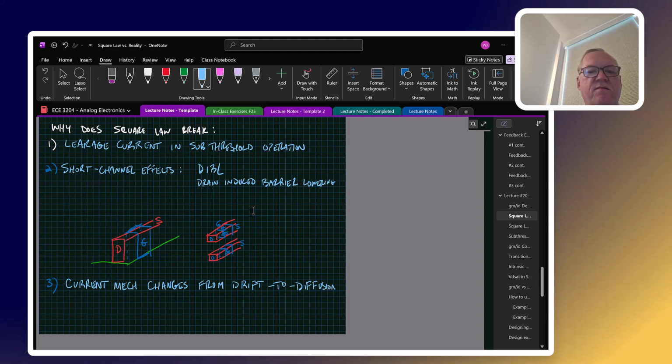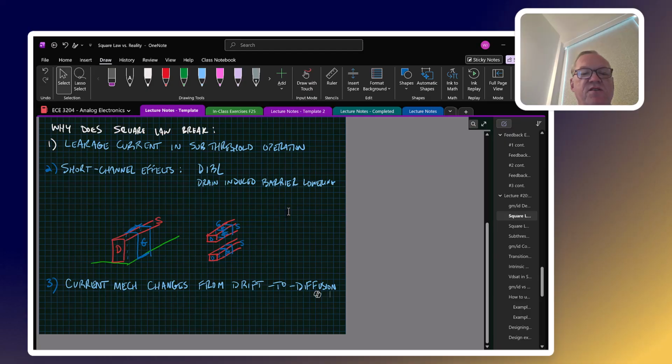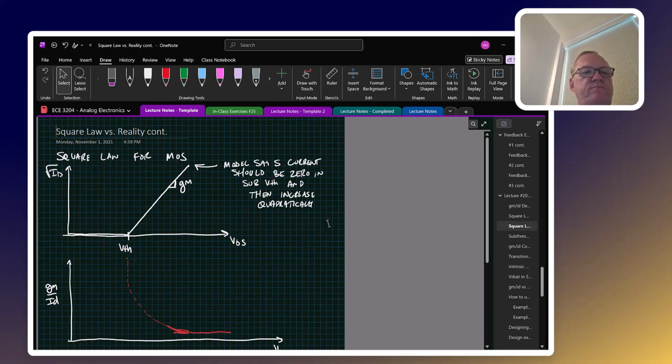And we know that bipolar transistors like BJTs are diffusion current dominated. And so what's happening ultimately is the transistor is starting to behave less like a drift-based device and more like a diffusion-based device, or we can say less like a MOSFET and more like a BJT.